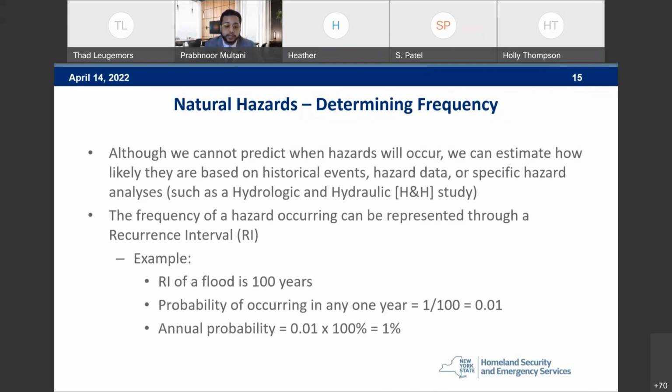An example would be that the recurrence interval of a 100-year flood is 100 years. The probability of it occurring in any one year would be 1 out of 100, or 1/100th as a decimal. For the annual probability, you would just take that decimal and multiply it by 100%. Therefore, the annual probability of a 100-year flood is 1%. Next slide, please.